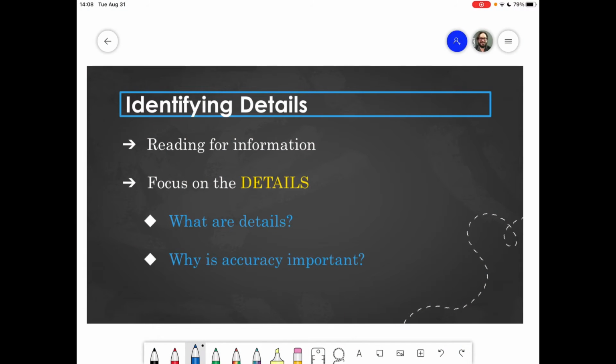Let's begin by thinking about why we read on a day-to-day basis. I'm not talking about reading for pure entertainment or just simply because we enjoy reading. I am specifically talking about those times that we have a question that comes to mind or maybe something that we need to know, and what's the first thing that we do? We pull out our cell phones, go to Google, and we search for it.